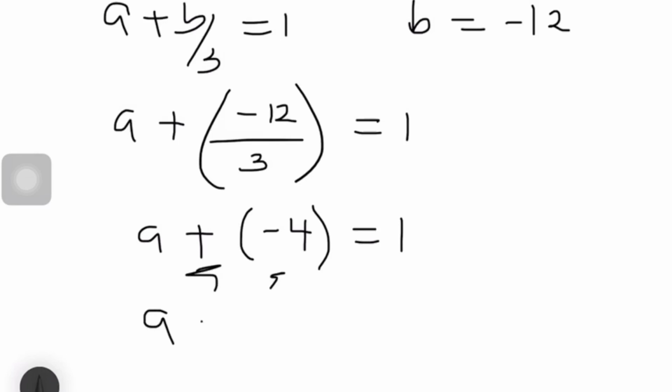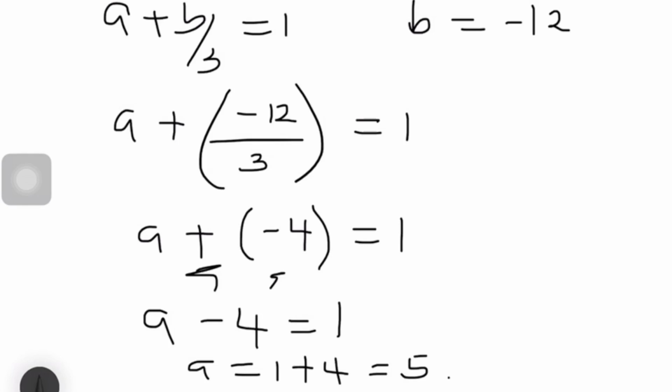So this is going to be a minus 4 is equal to 1, and our a is equal to 1 plus 4, which is equal to 5. So our value for a is equal to 5, while b is equal to negative 12.